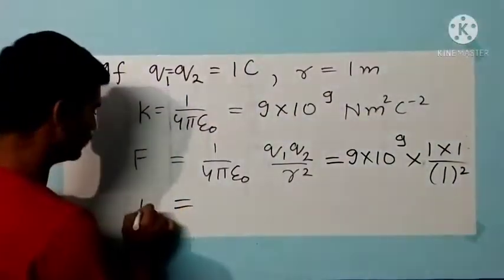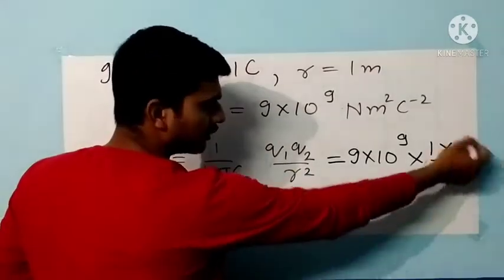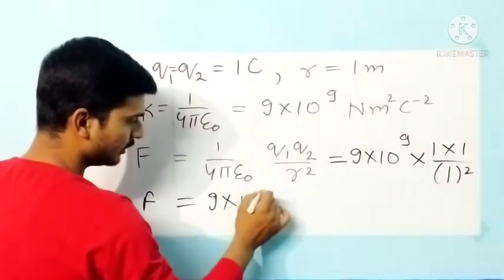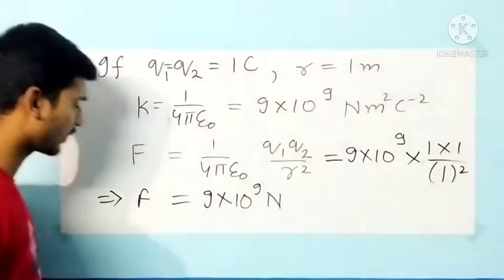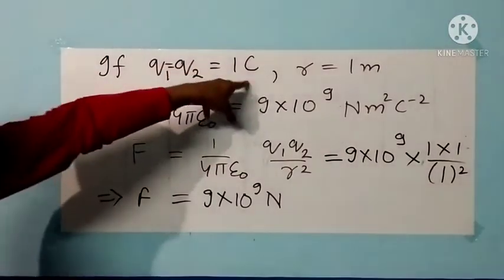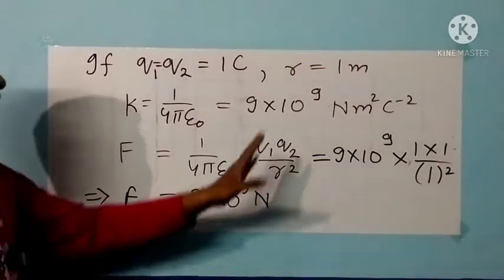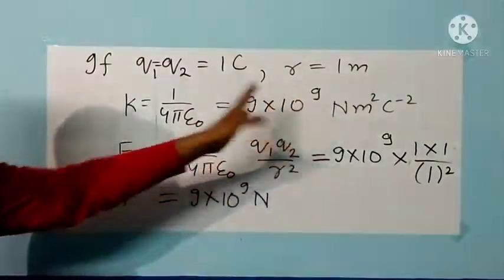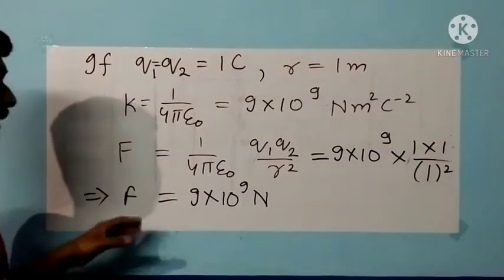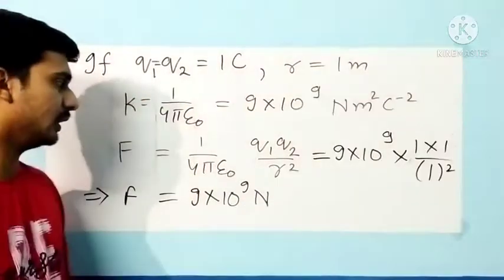This value is 1, so directly we can write the value of F. So the value of electrostatic force between two point charges of 1 coulomb each, when they are kept 1 meter apart, is 9 into 10 to the power 9 Newton.